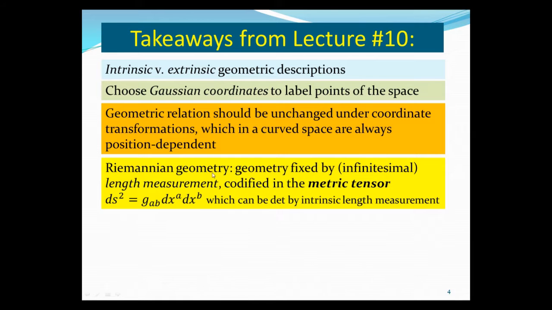The Riemannian geometry is a geometry fixed by length measurements, and the length is codified in the so-called metric tensor, which can be viewed as defined by this relation. ds squared, the length measurement, is related to coordinate choices, the xa, xb, by the metric. And the metric itself can be determined by intrinsic length measurements, which we discussed in detail.